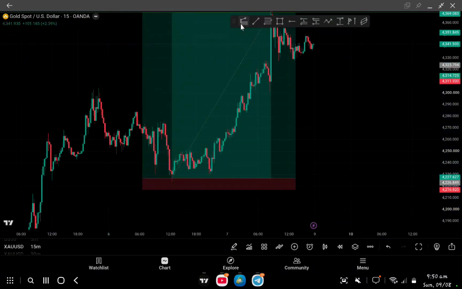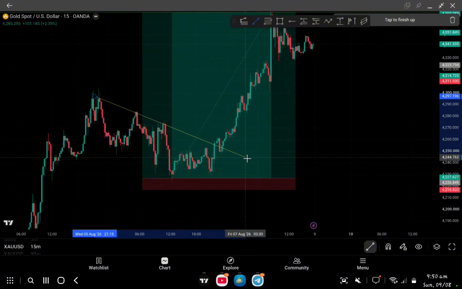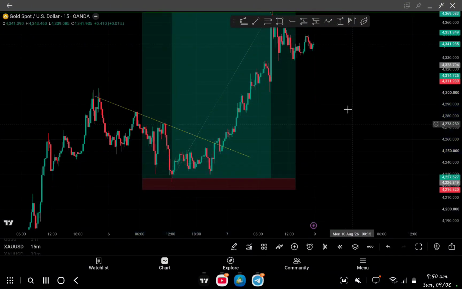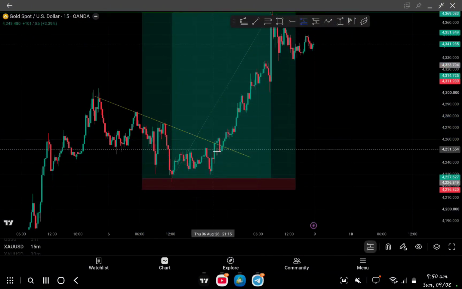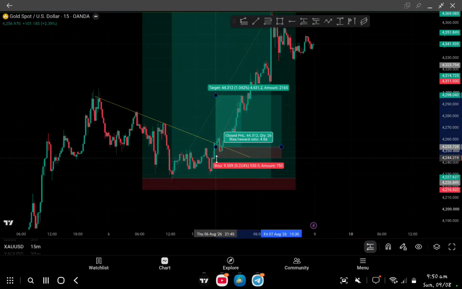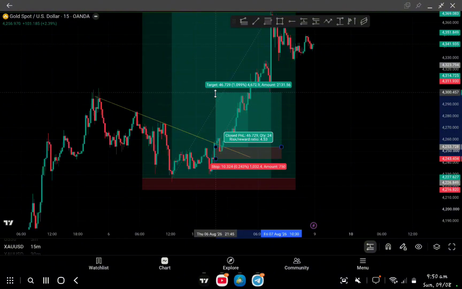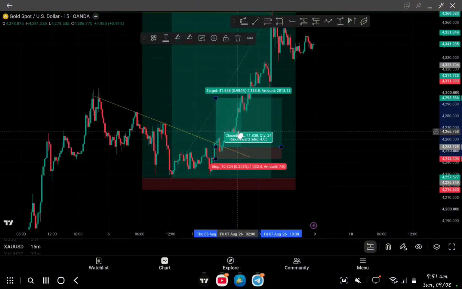But as a price action here, you can see a trend line here and enter as well here. You can manage your risk, 100 pips, and go to this resistance zone and grab 400 pips.